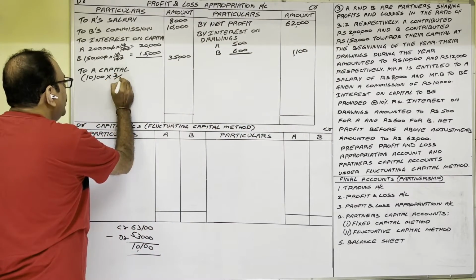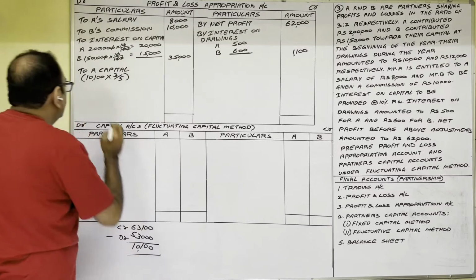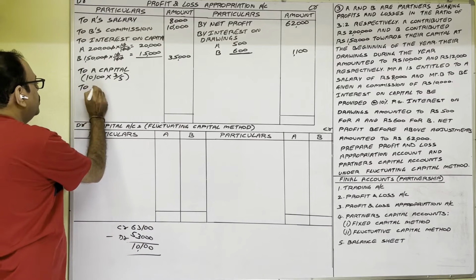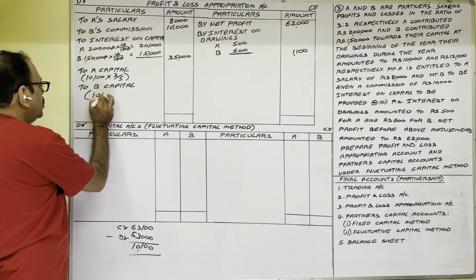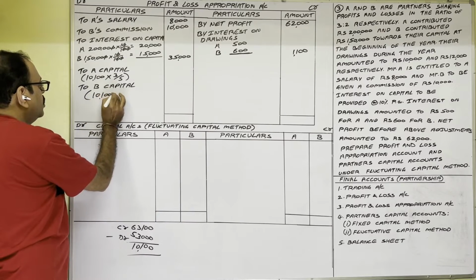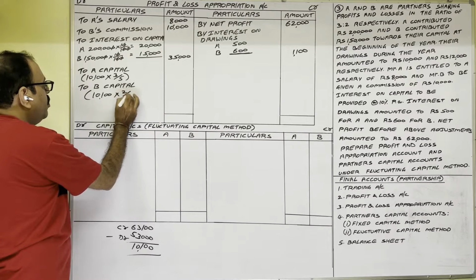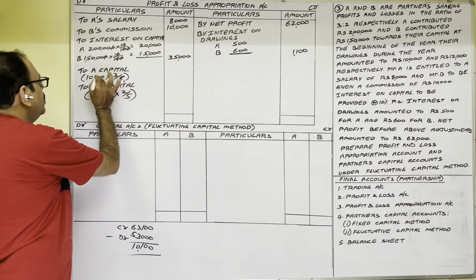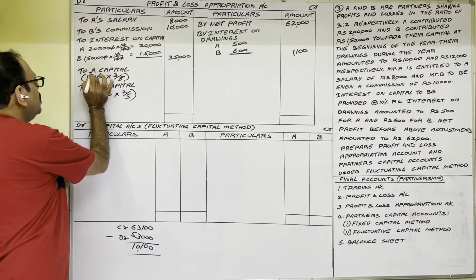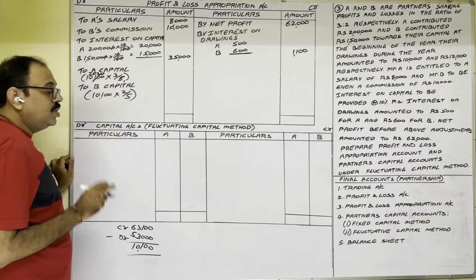Into 3/5. To B capital, profit amount 10,100 into 2/5. So 5 ones are 5, 5 twos are 10, 0 again to 0.